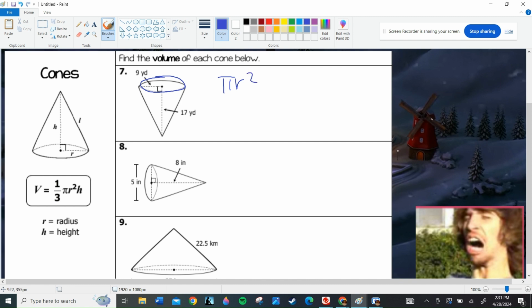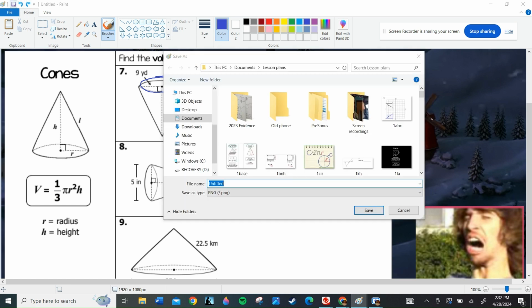And again, to make it 3D, you multiply it by a height. That would make it into a cylinder. But then we only take 1/3 of that cylinder, and that's what makes it into a cone. So on this question here, look for the radius. It's already 9.